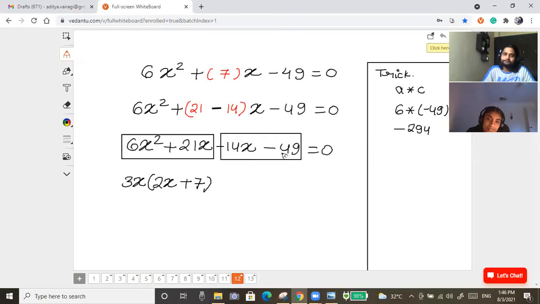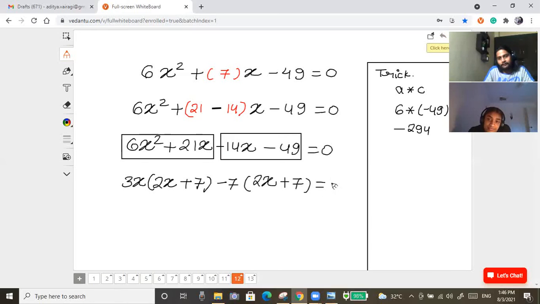Any idea? -7. Very good. You have to take -7 so that you get again positive terms inside the bracket. That's really nice. So now, 7 times 2x, and 7 times 7 is 14. And that's positive because you take a negative sign, so negative gone out from both the terms, and it left positive behind.